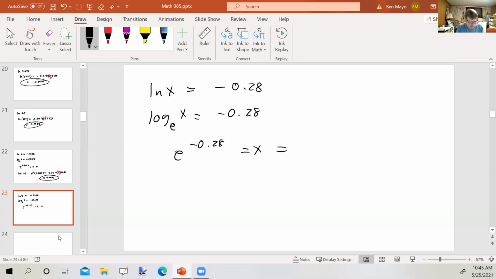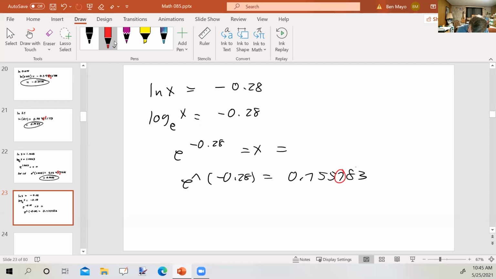And on our calculator, second ln, which gives us e to the, and then we put in negative 0.28, close it up, push equals. 0.755783, etc. Rounding here, the 8 rounds up, 0.7558.